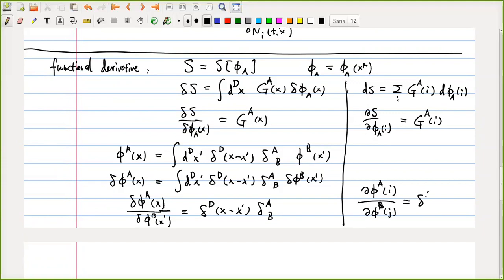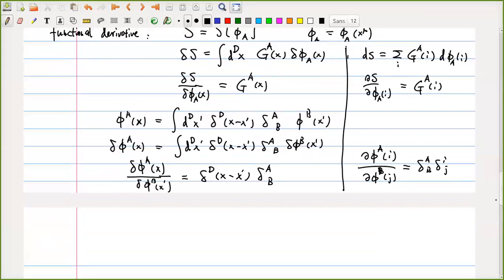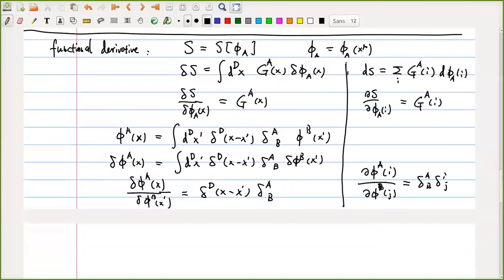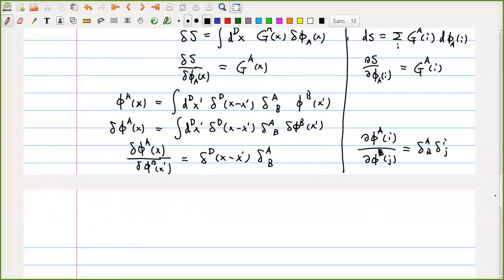The right hand side is just delta ab delta ij, right? So you see, the functional derivative is just the infinite dimensional generalization of the finite dimensional partial derivative. So this is a remark on how to compute functional derivatives.